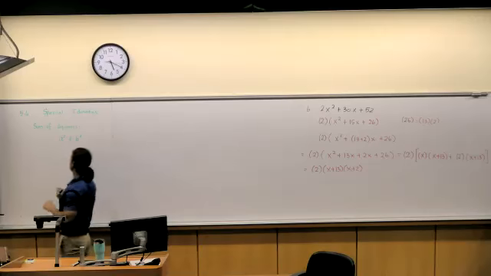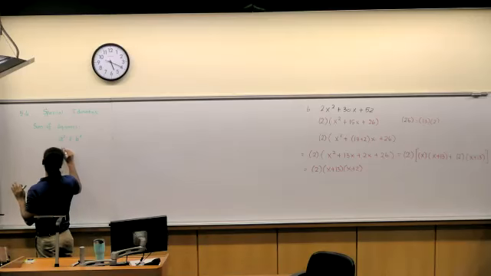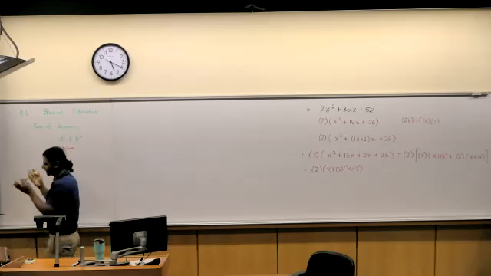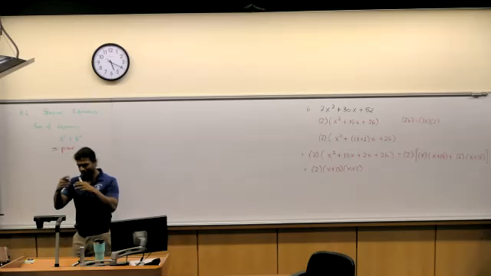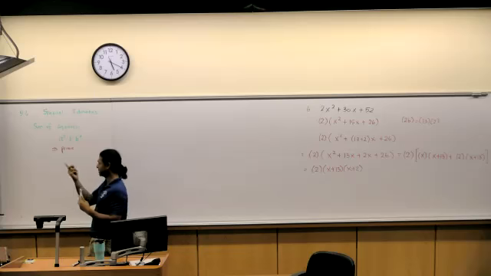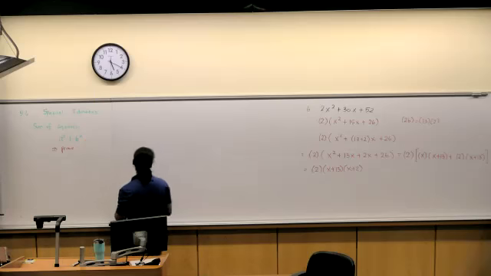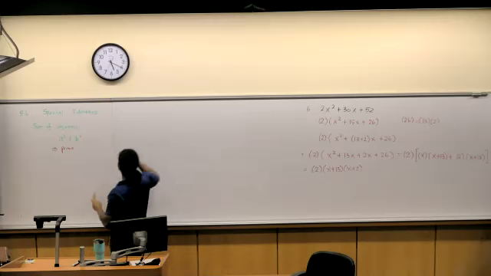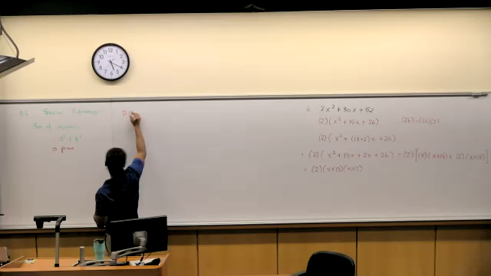So this is what we call a prime expression. Just like a prime number, you cannot factor a prime number. The only factor that you have is itself and number one. The same argument here.